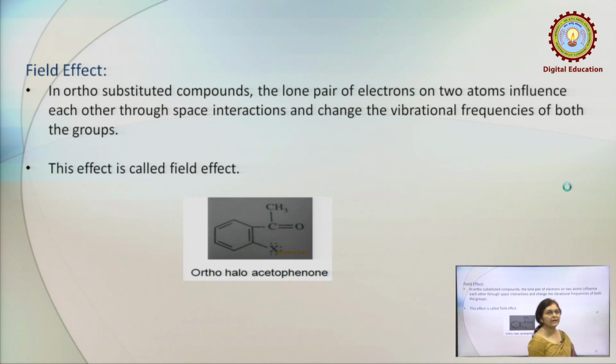The next effect is the field effect, and this is generally found in ortho substituted compounds. The lone pairs of electrons on two atoms influence each other through space interaction and change the vibrational frequencies of both the groups.